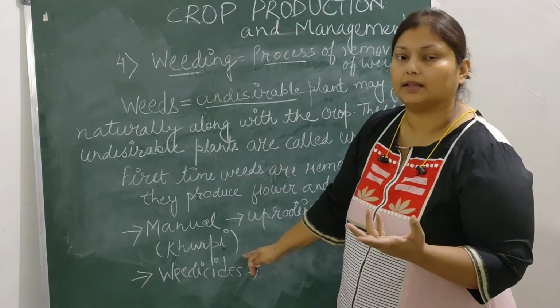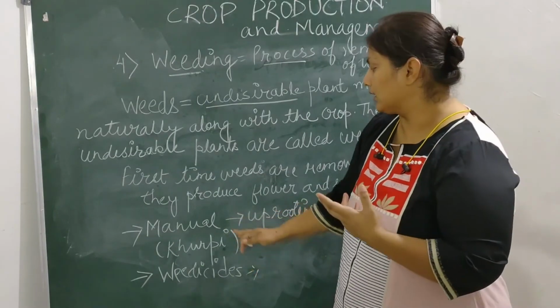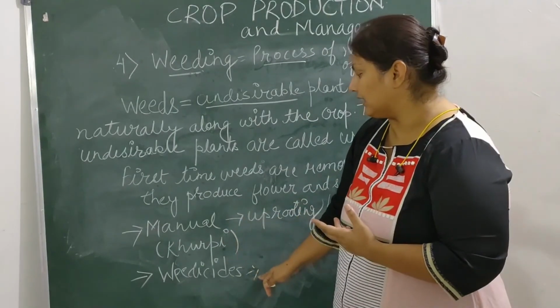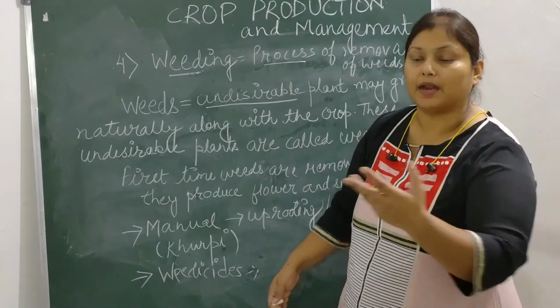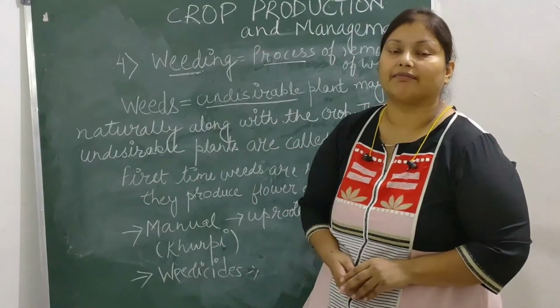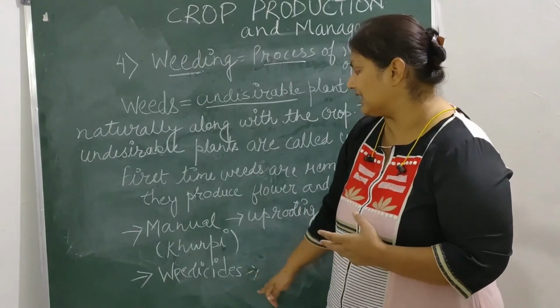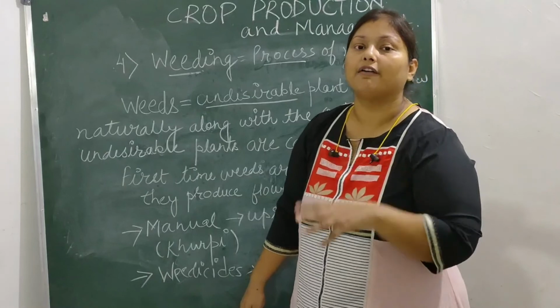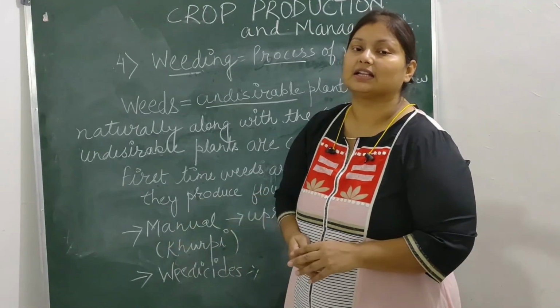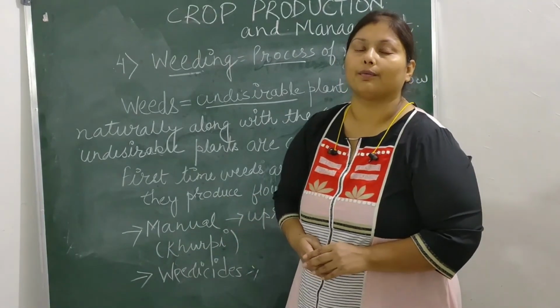Manually, by using your hand, you cut all the unwanted plants, and weedicide is a chemical which is sprayed on the crop. The farmers must take care of themselves, because weedicide has a negative effect on the health of farmers also. So for today, it is enough. Thank you.